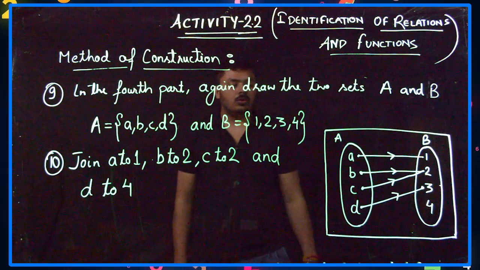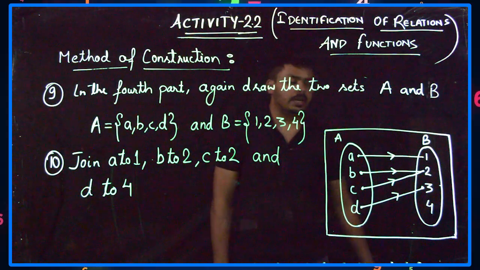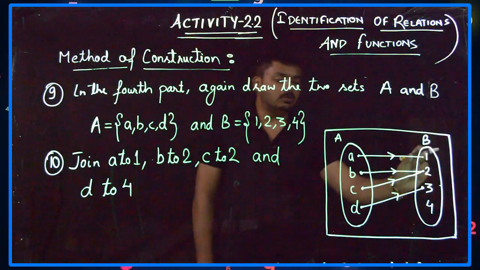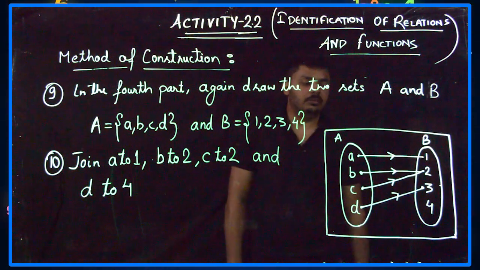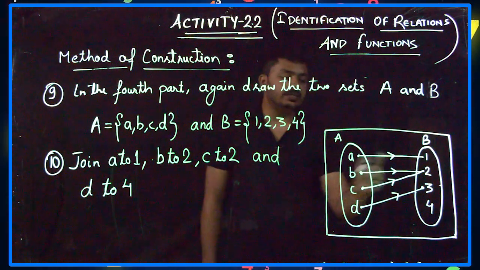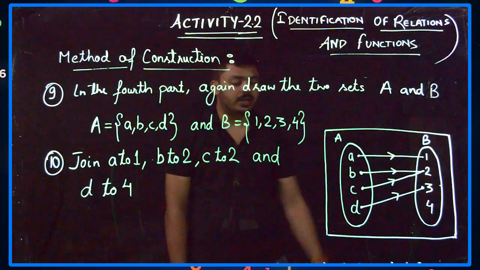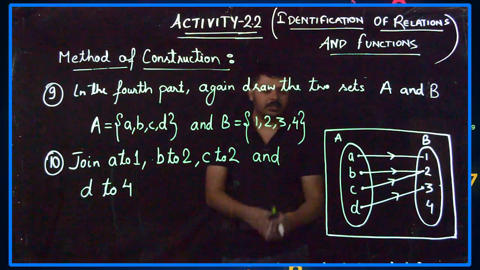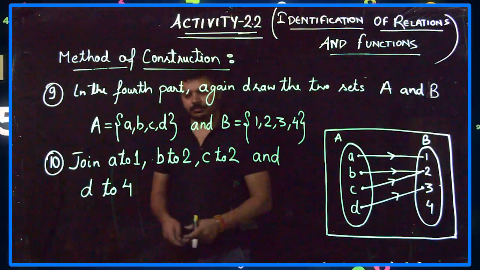Here you can see all the elements of domain A have been linked to some element of set B, that is the codomain B, and every element has been linked by a single arrow. So we can say this represents a function and it is also a relation.